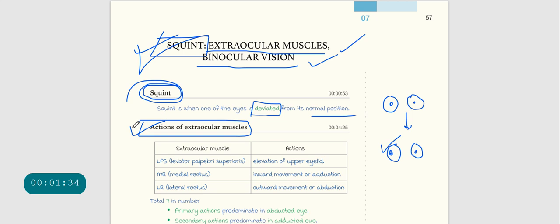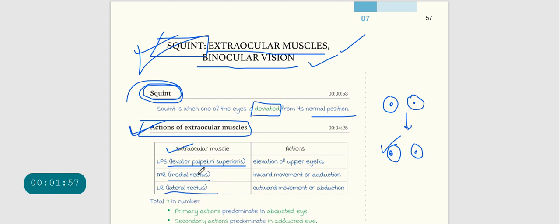Okay, let us study all these muscles. These are the extraocular muscles, such as levator palpebrae superioris, you might have studied all these muscles in your anatomy lectures. Then medial rectus and lateral rectus.